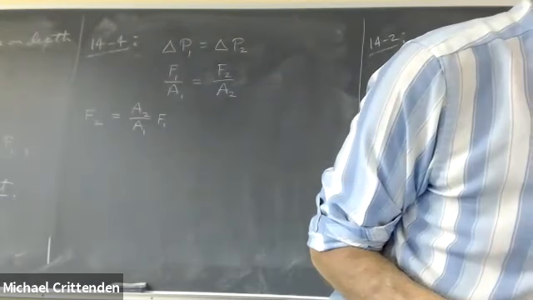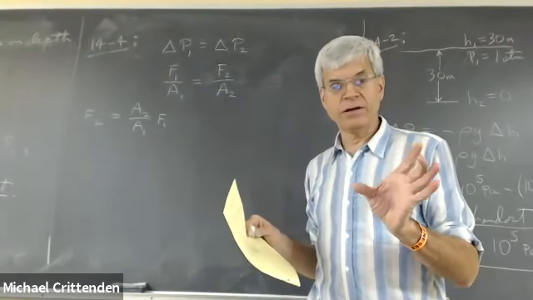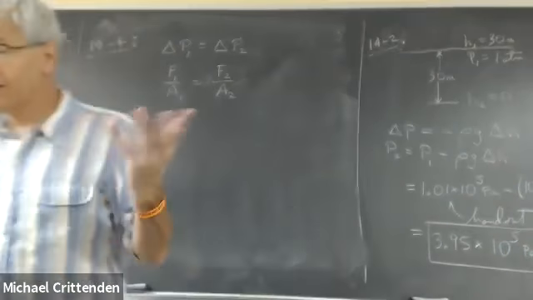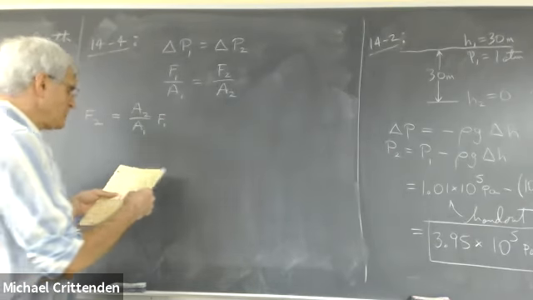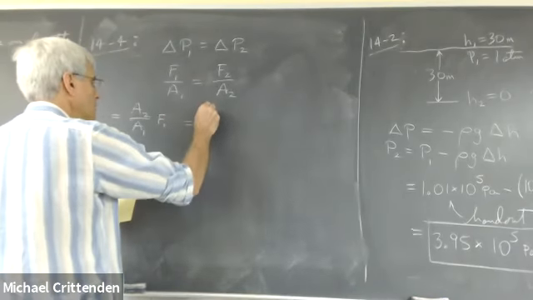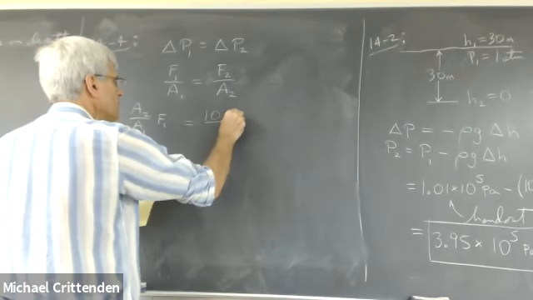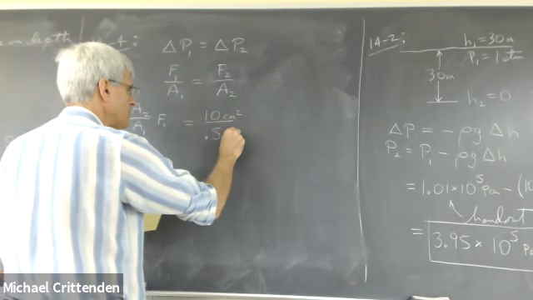Now this one just gave the areas. If I give the radius or the diameter of the piston, you'd have to use pi r squared to figure out the areas, but here I just kept it short and sweet. A2 is 10 square centimeters. A1 is 0.5 square centimeters.